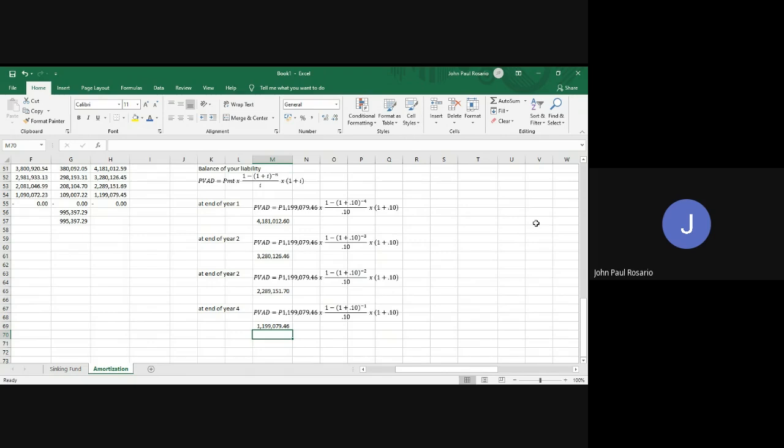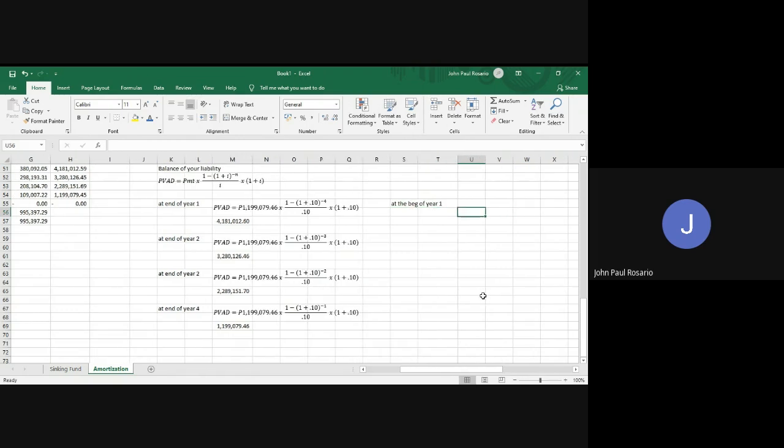Now, what if pag interest expense ang pangutana? Kung interest expense ang pangutana, we have now to compute first for the balance of our liability at the beginning of the period. At the beginning of year 1. Okay.